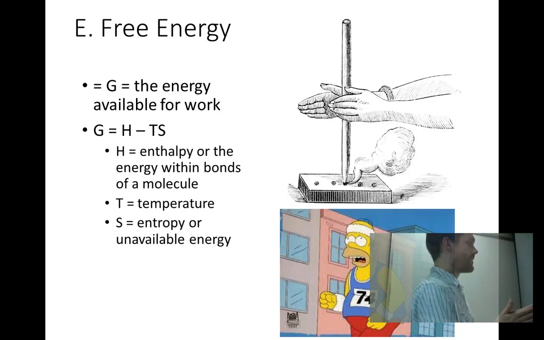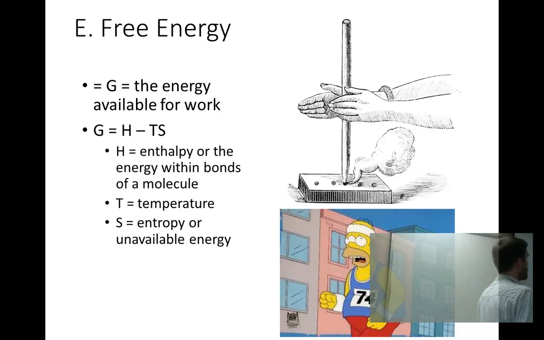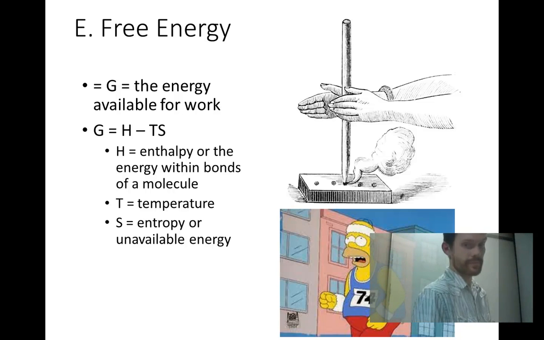But as you do so, you are breaking down chemical bonds in your muscle tissue to gain energy. And then part of that is being released as heat. So as you are exercising, not all of that is converted into mechanical energy. Some of it is lost as heat. And the same thing happens to Homer when he tries to exercise. Gets hot and sweaty.